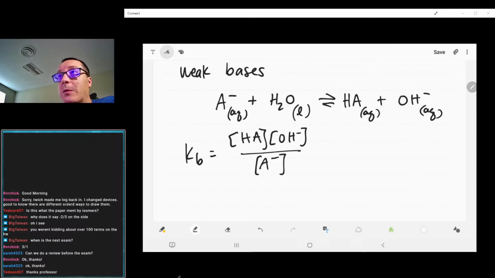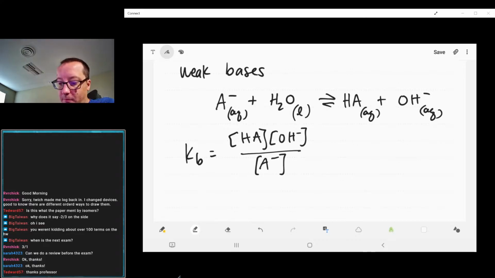As always, we will omit pure liquids, so just like before, we don't have to worry about the water because that's a pure liquid. Technically that's part of our Ka as well, but we just use H plus instead of H3O plus.